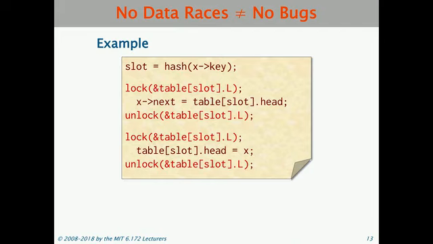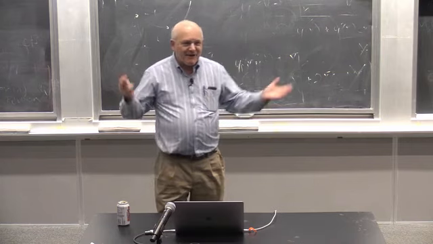So I haven't prevented the atomicity violation. Right now I've got an atomicity violation, but I have no data races, because I never have any two things accessing at the same time; it's protected by the lock. But it doesn't solve my atomicity.